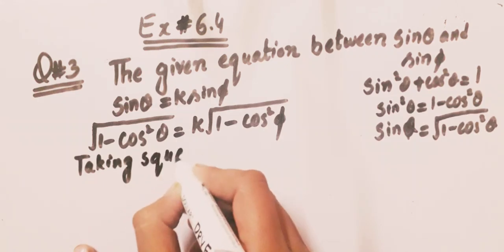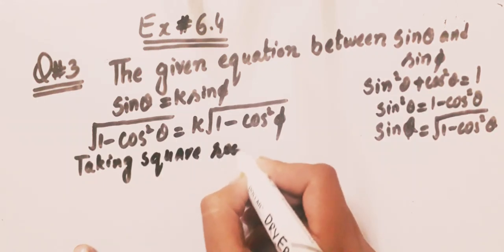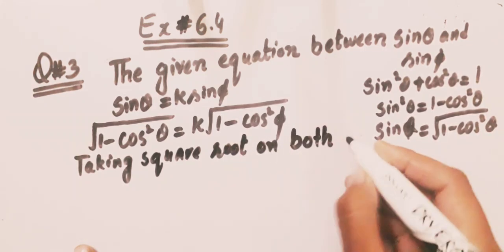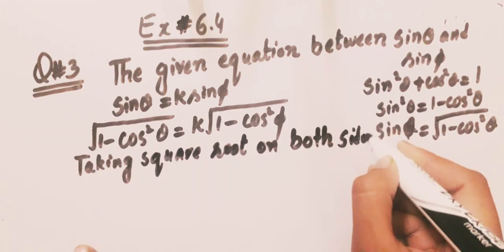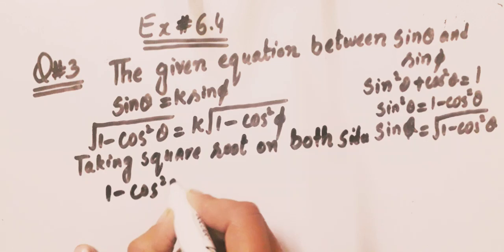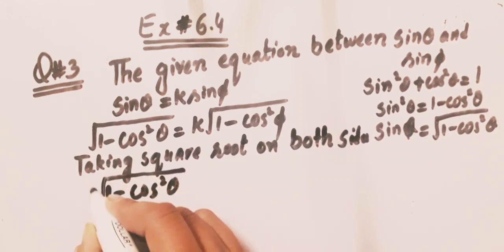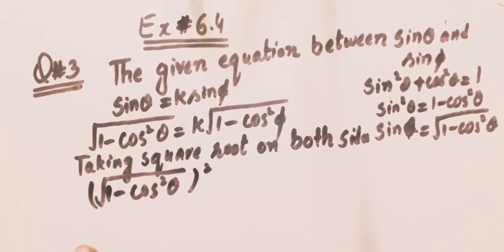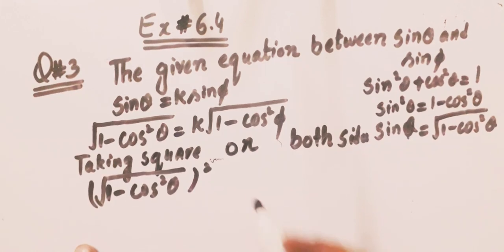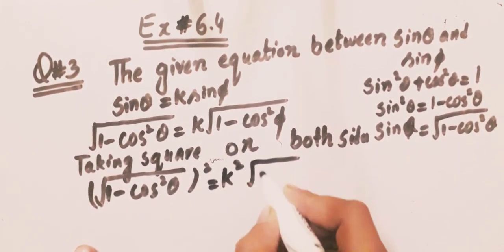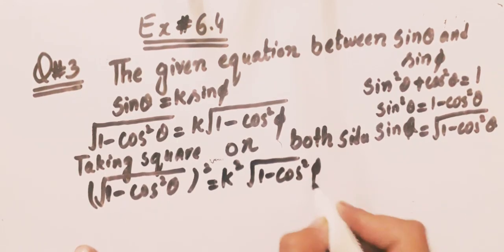Taking square root on both sides. So you will have 1 minus cos square theta is equal to k square into 1 minus cos square phi.